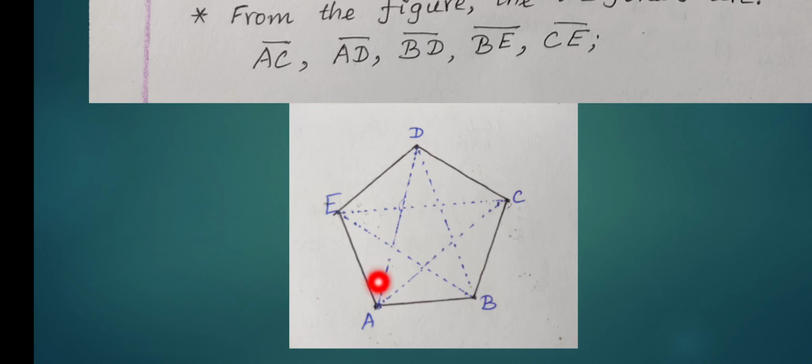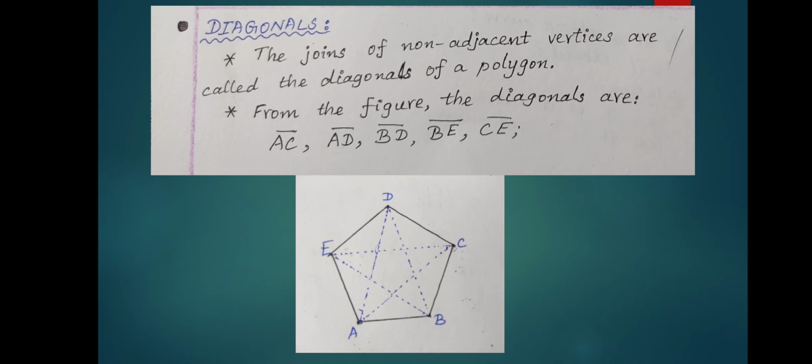So, the line segment AD is a diagonal. Similarly, BD, BE and CE are the line segments that join non-adjacent vertices. So, they are also called diagonals of the polygon ABCDE.